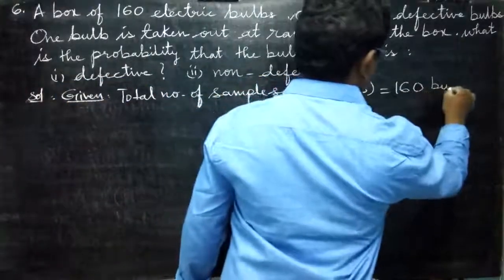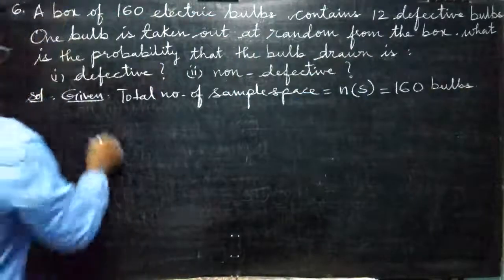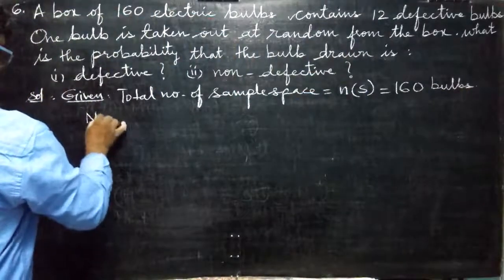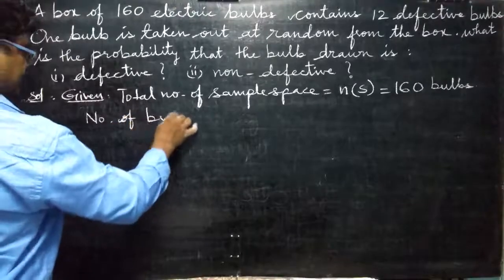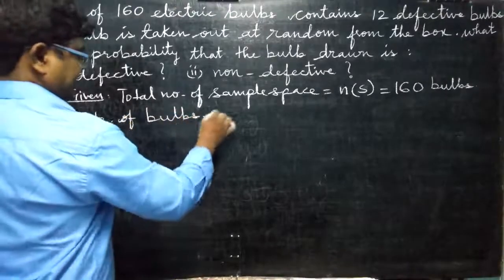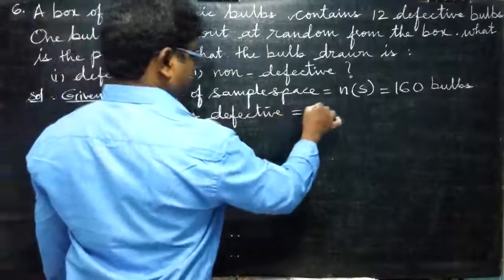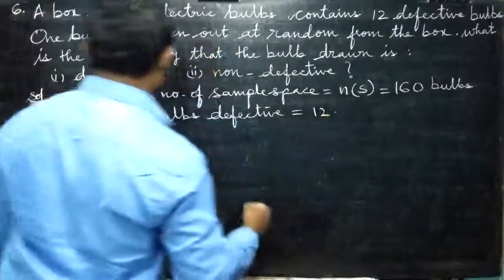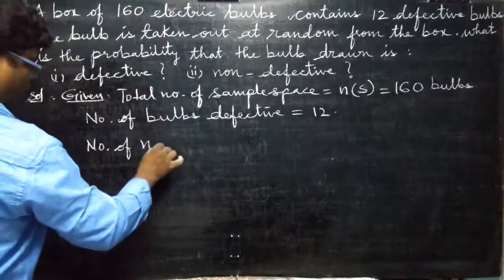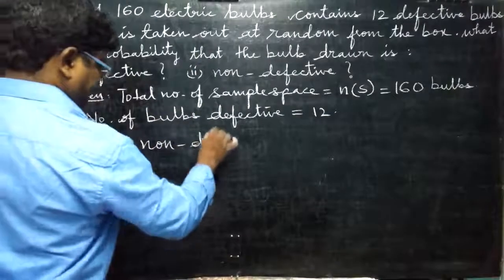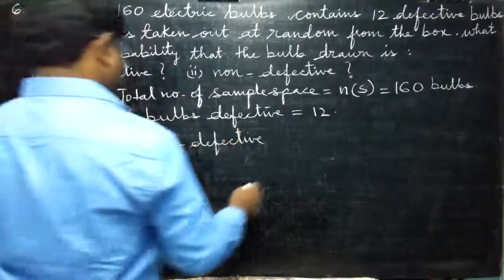If you want, write bulbs, no problem. In that, the number of defective bulbs. Defective, how many? 12. Number of non-defective bulbs.